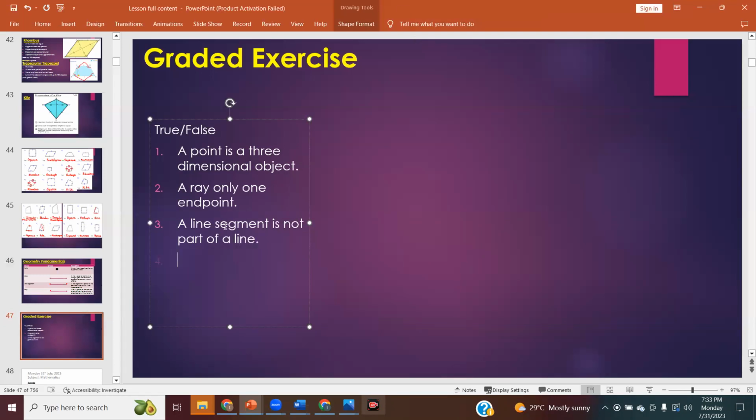Number four, so these are true or false questions, so you want to say either true or false: a line has an ending. Number five: a point shows the exact position on a plane surface.